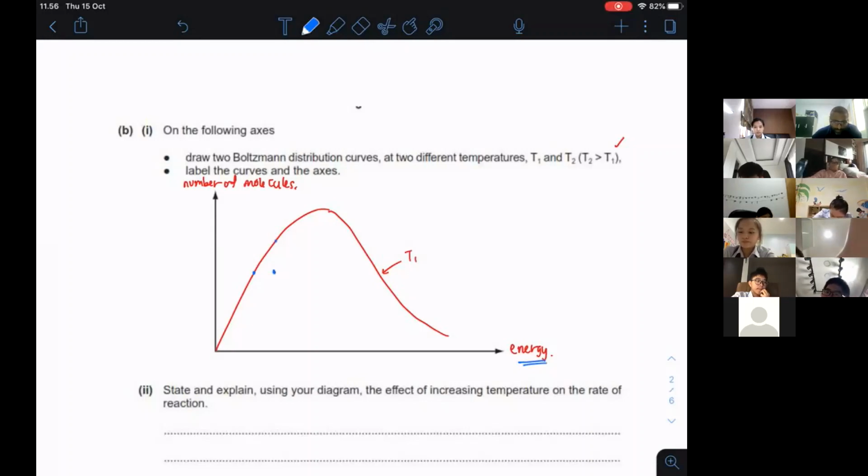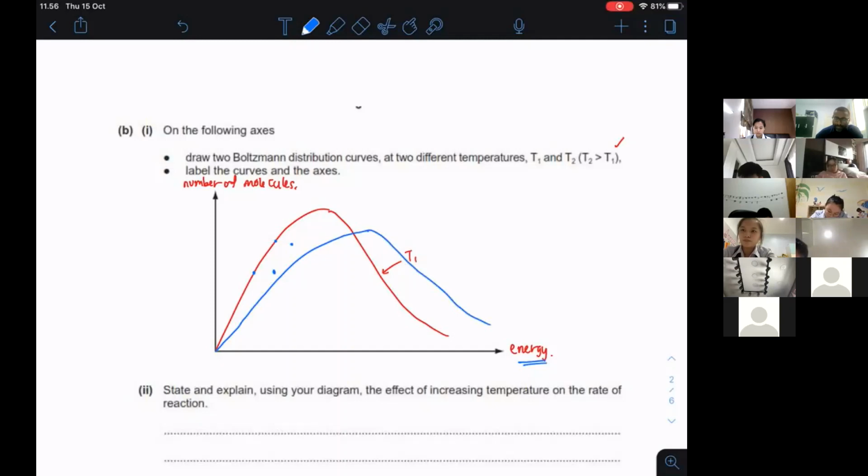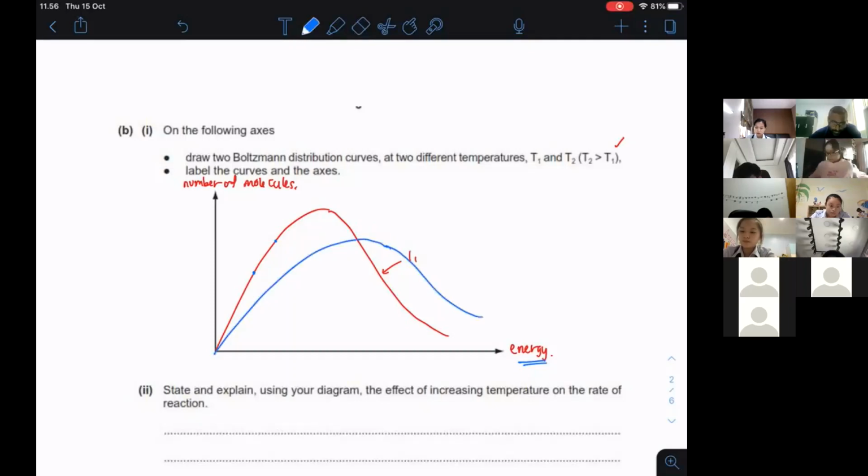So that's why the graph went somewhere like this, and then they will go like this. Okay, let me draw properly. Okay, something like this.